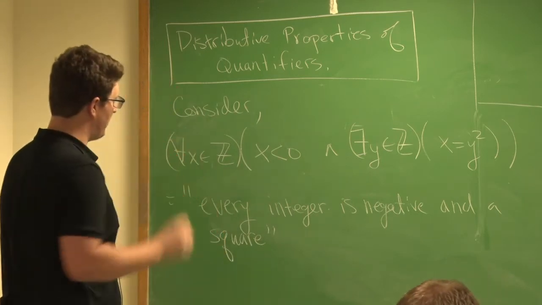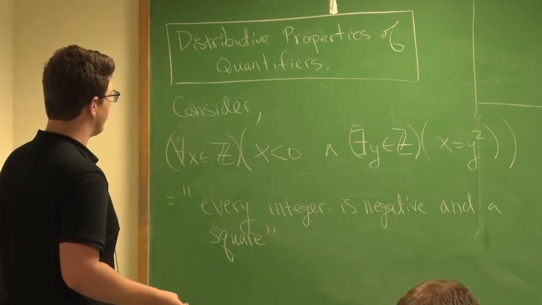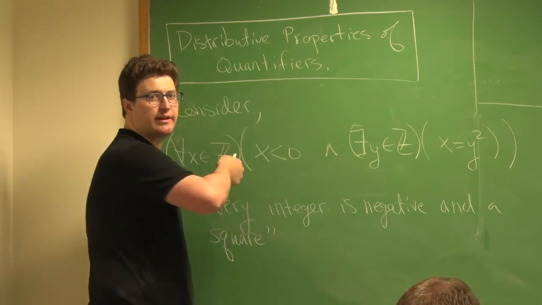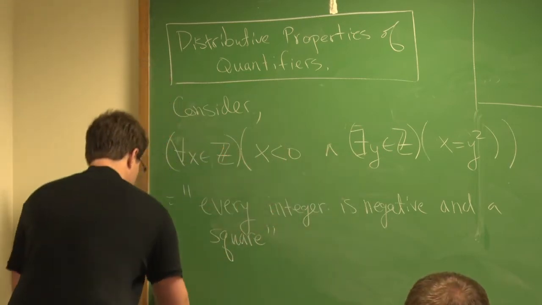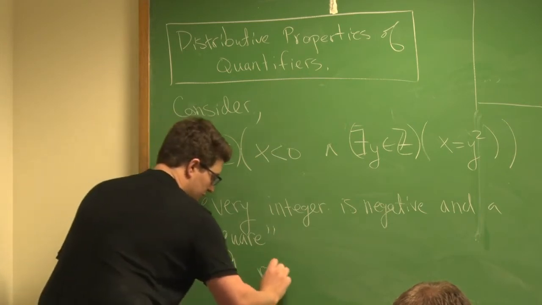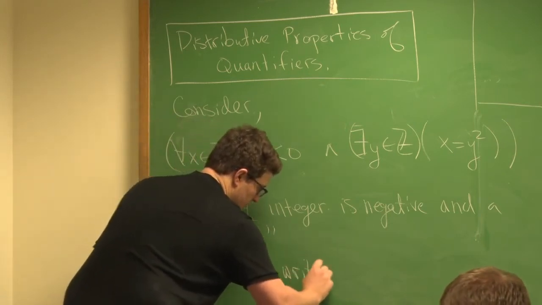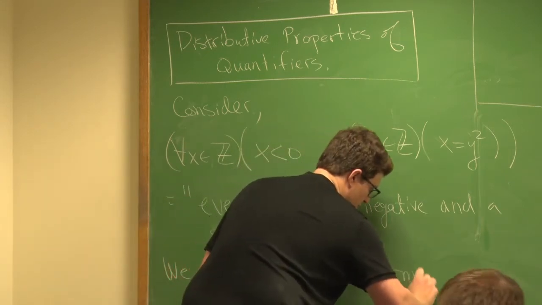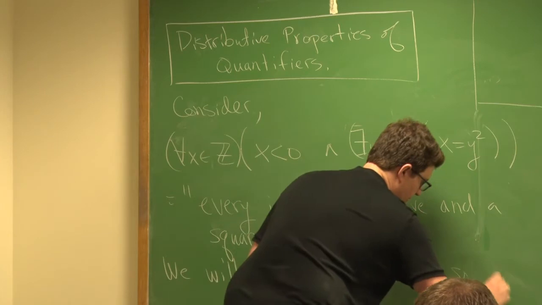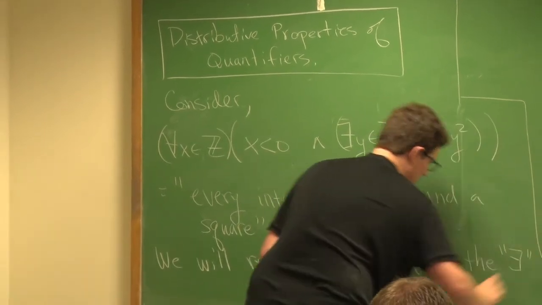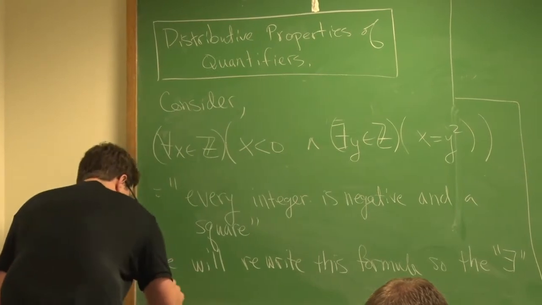Okay, so let's try and rewrite this so that this quantifier can be written on the outside. Okay, so we will rewrite this formula so that the existential quantifier is on the outside.